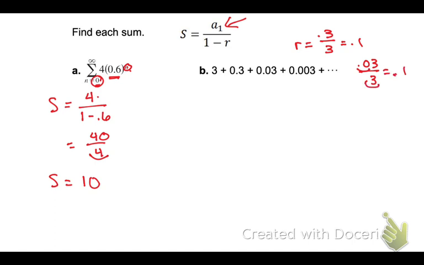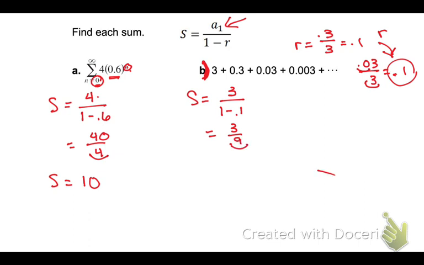Okay, so r is 0.1. So can we do it? Yes. Okay. So S equals, a sub 1 is 3. I should have put a parenthesis there because of that point when you have decimals. So you get 3 over 1 minus 0.1, 3 over 0.9.